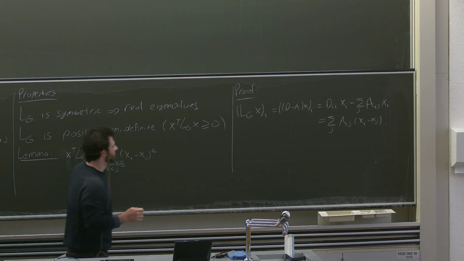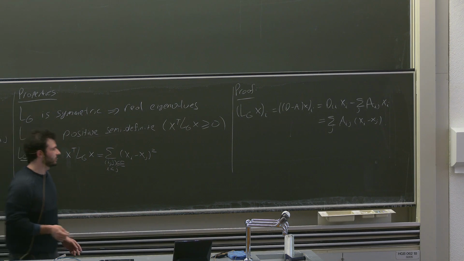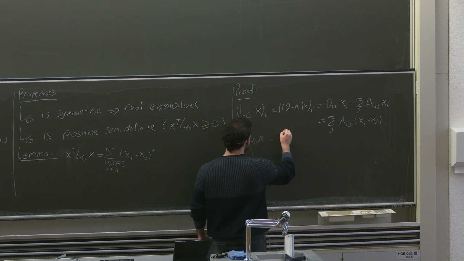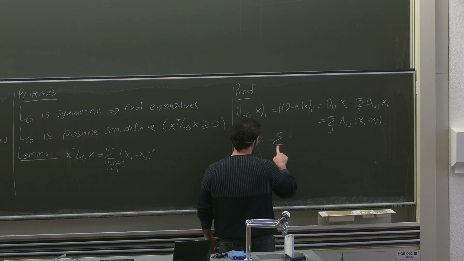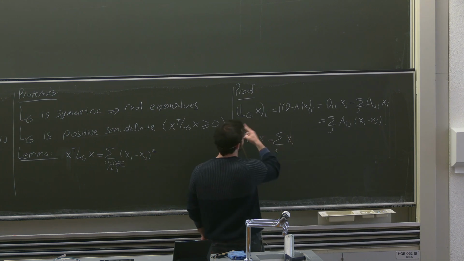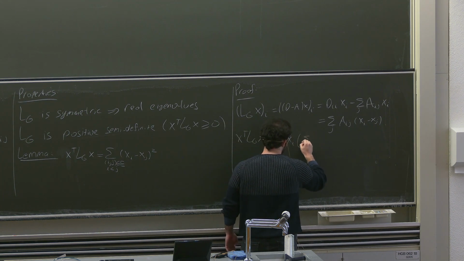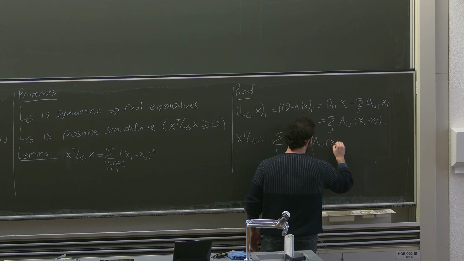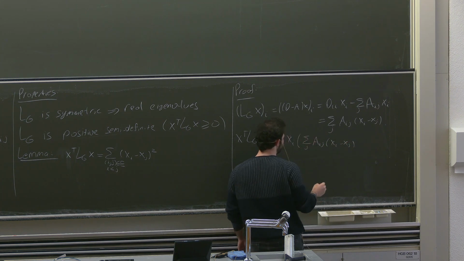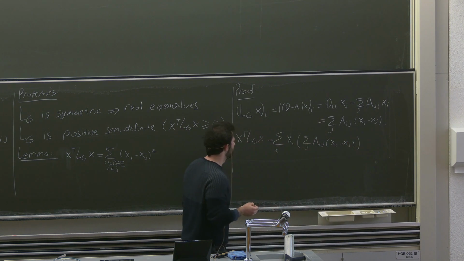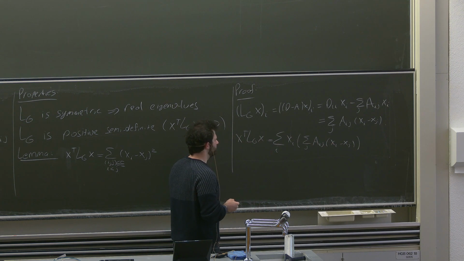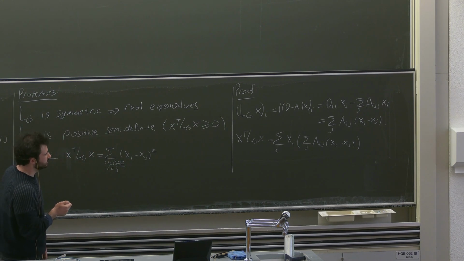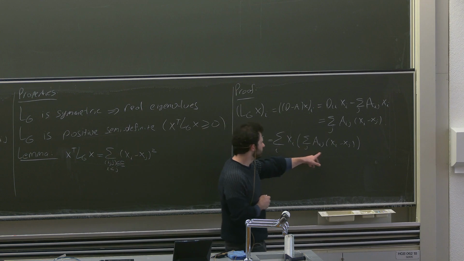Great. So now we're just going to do x transpose L_G x. So x transpose L_G x is the sum over i of x_i times (L_G x)_i, which is the sum over j of a_ij (x_i minus x_j). Then it's unclear how to go from this to the target. The trick here is to see that for j equals i, this term is 0.